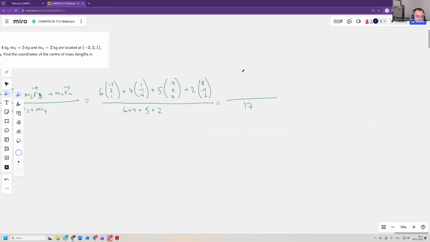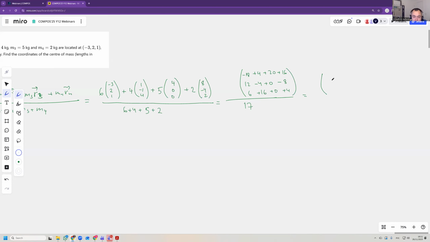And that's a vector, so it's (-18 plus 4 plus 20 plus 16, 12 minus 4 plus 0 minus 8, 6 plus 16 plus 0 plus 4).